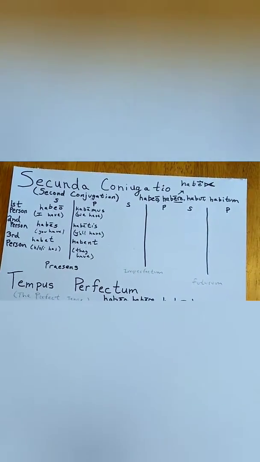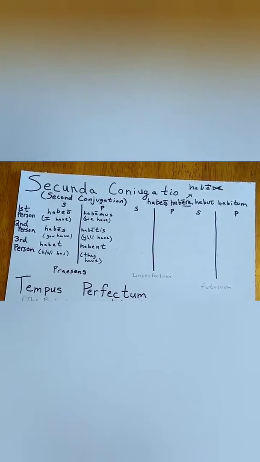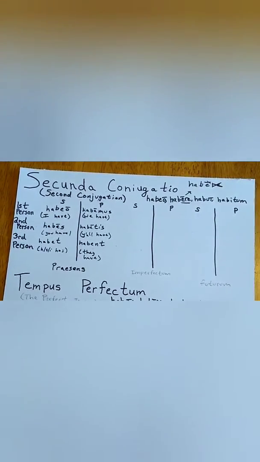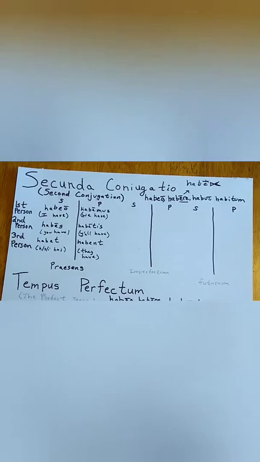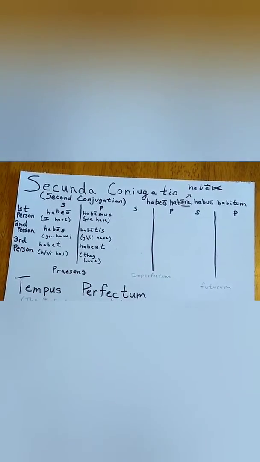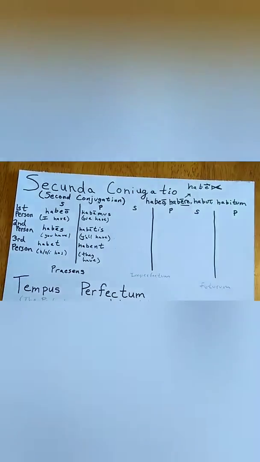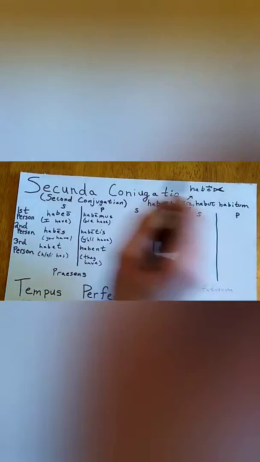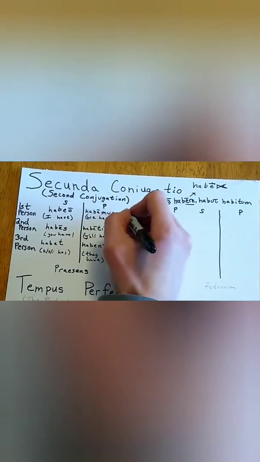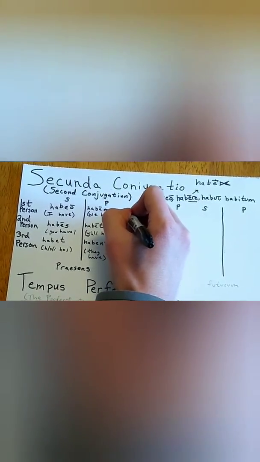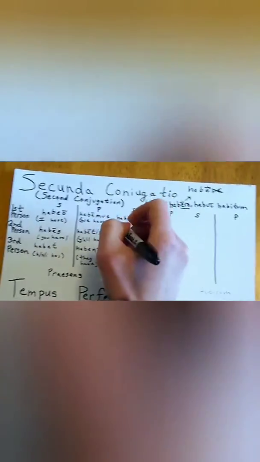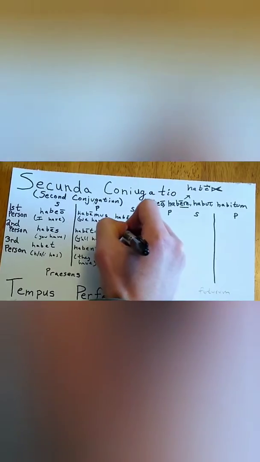Now, you might be asking, well, how do I do it in the imperfect and the future tenses? Well, let's take a look. So we already have our stem here, habe, and you can take that stem and you can actually add your macron back on. So let's fill in our stem here. And let's fill in the macron as well.